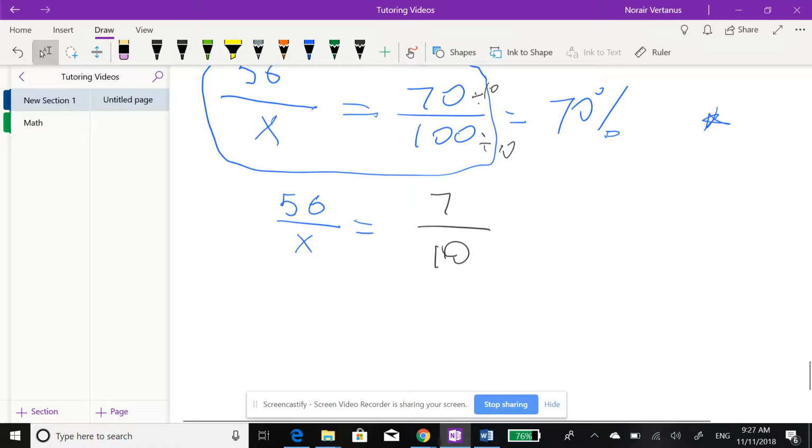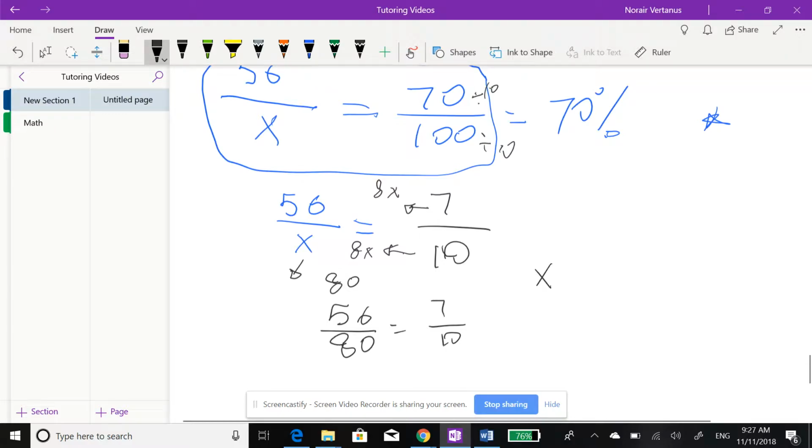If you go like that, 7 times 8 is 56. So 10 times 8, I'm creating an equivalent fraction again. 10 times 8 is 80. So it's going to be 56 over 80, equal to 7 over 10.